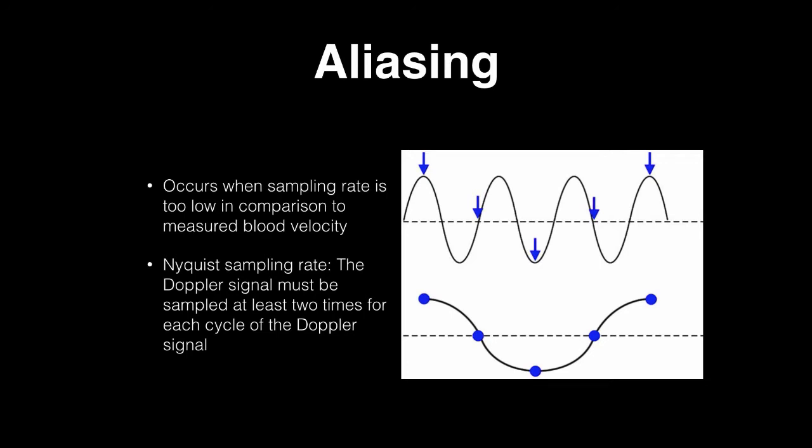Think about somebody who's dancing under a strobe light. Now, if the strobe light is flickering at a rate that's half their dance movement speed, it looks like they have a very chaotic movement pattern, and it's very hard to trace their dance movements because of this slow flickering of the strobe light.